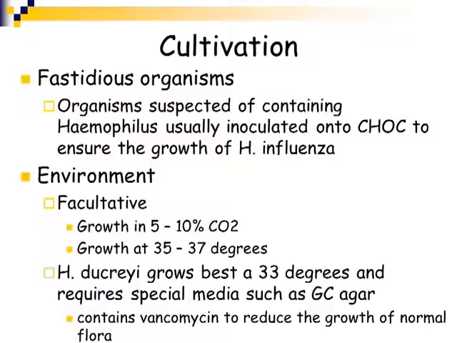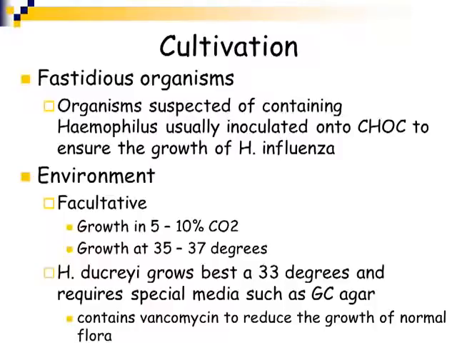Now, to cultivate these organisms, Haemophilus are fastidious, or fussy. If you had a spinal fluid, after you take some of it and do a direct gram stain, you would also do some platings, and you always want to plate on chocolate agar so that you can be sure that if Haemophilus influenzae is there, it's going to grow.